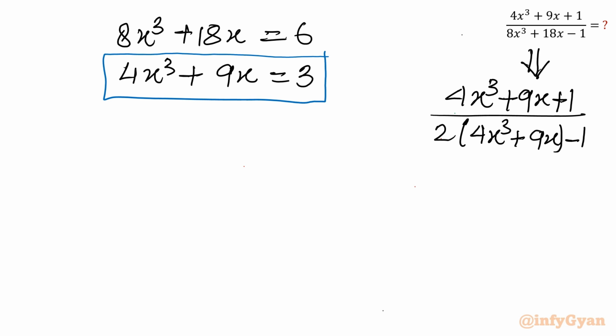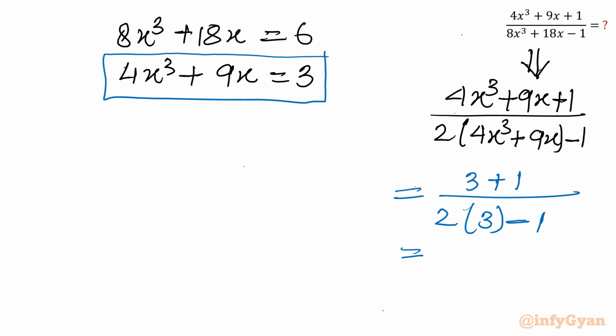So if I put here, then it would be 3 plus 1 divided by 2 times 3 minus 1. So this expression value will come out 4 over 6 minus 1. So ultimate value will be 4 over 5. So our answer becomes 4 over 5.